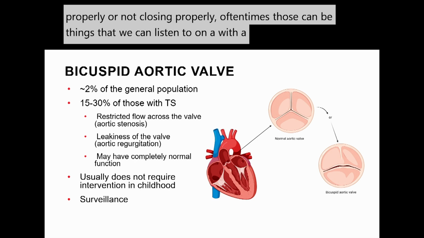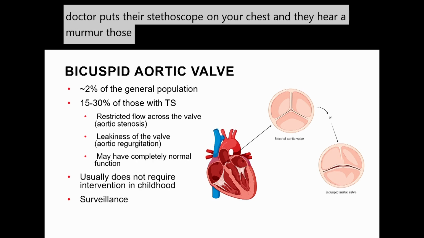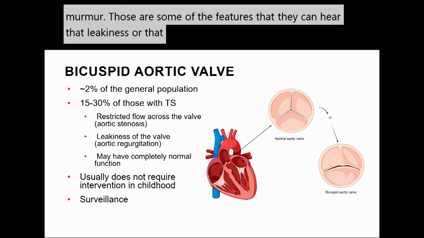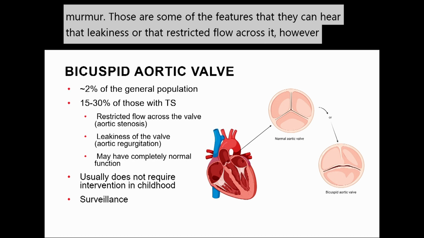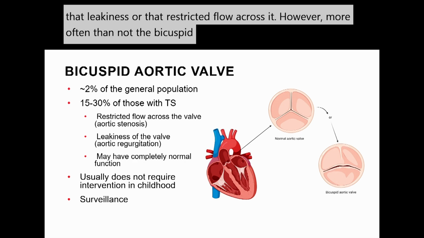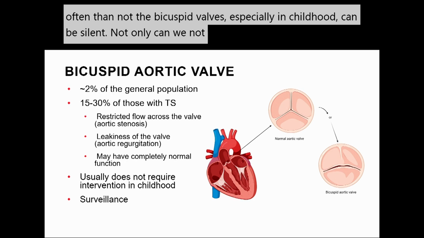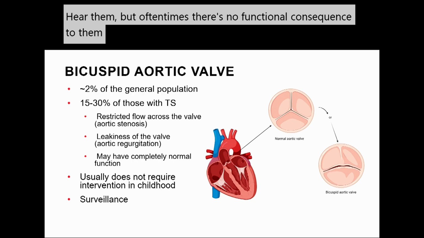The doctor puts their stethoscope on your chest and hears a murmur. Those are some of the features they can hear, that leakiness or restricted flow. However, more often than not, bicuspid valves, especially in childhood, can be silent. Not only can we not hear them, but oftentimes there's no functional consequence early in life.